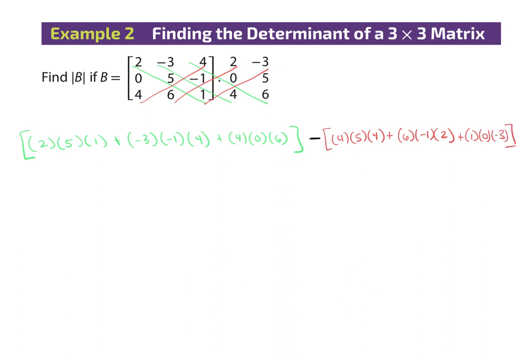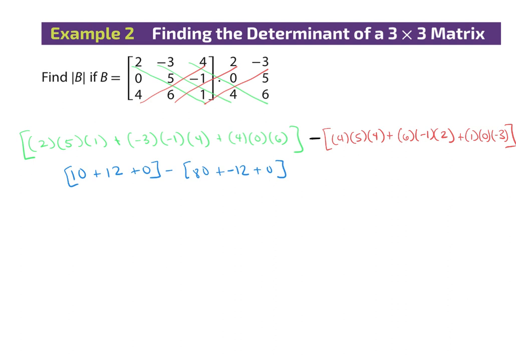And then you just do your operations there. So 2, 5, and 1. 3 and 4, that ends up being positive because of those 2 negatives. And then, of course, we have a 0. And then we have 4, 5, and 4. 6, negative 1, and 2. And then another 0.